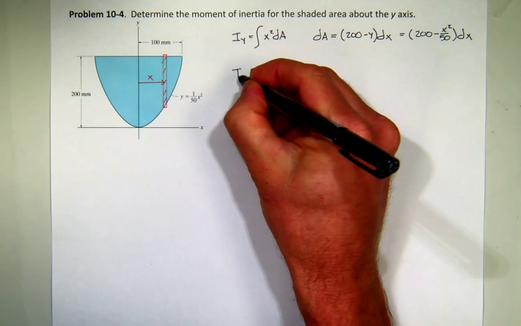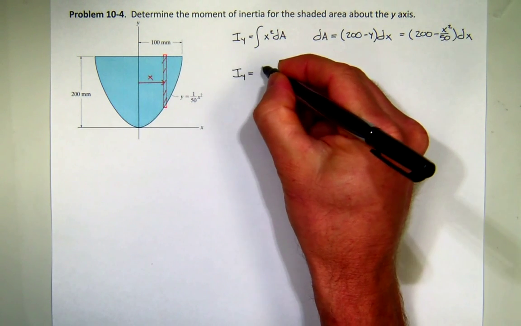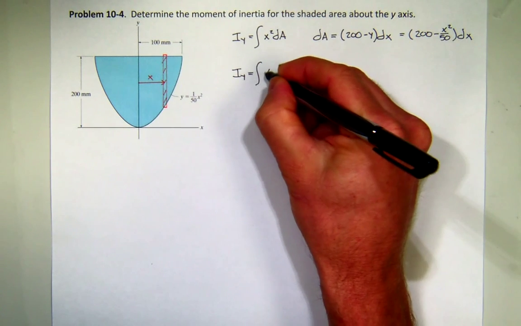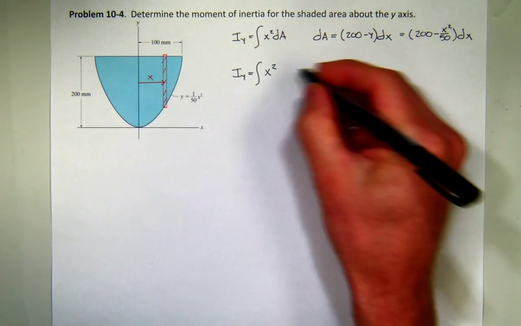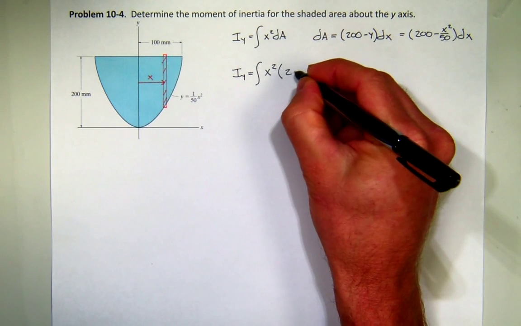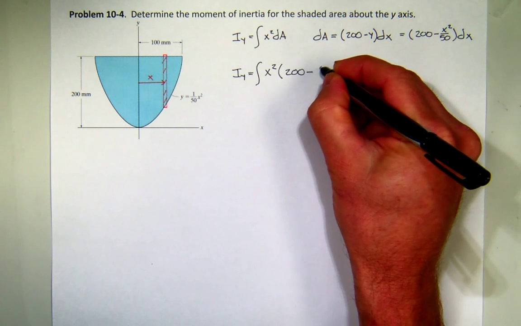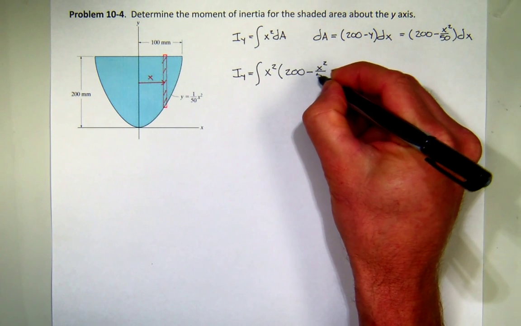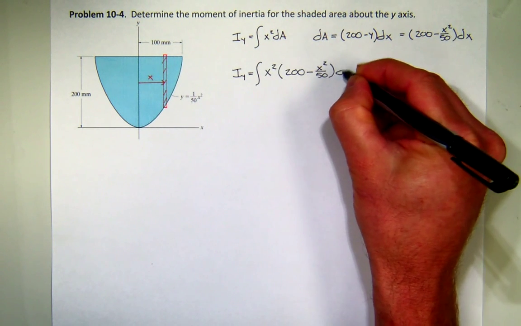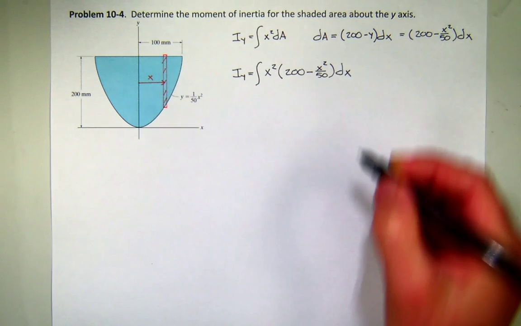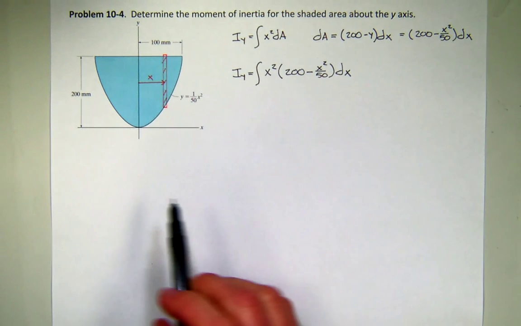So then the moment of inertia about the y-axis would be the integral of x squared dA, which is 200 minus x squared over 50 dx. And also in the x direction, this is going to be from what to what?